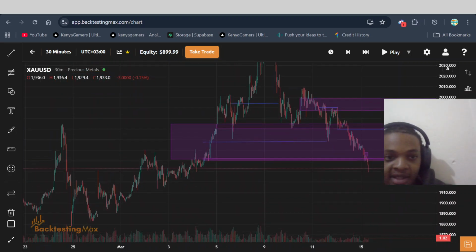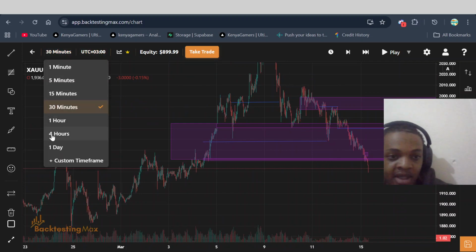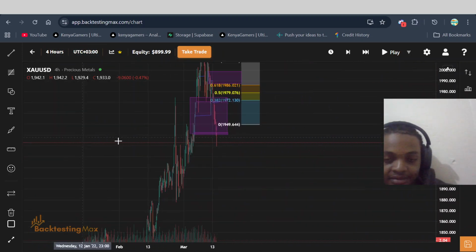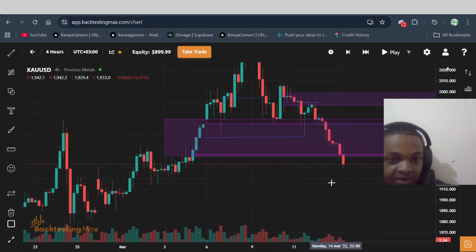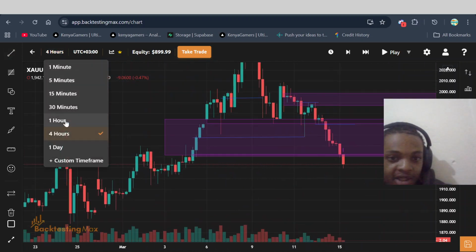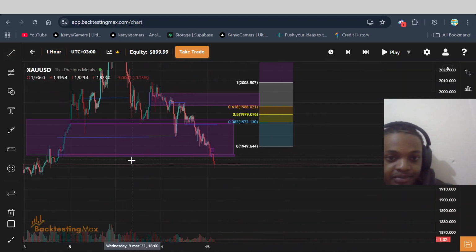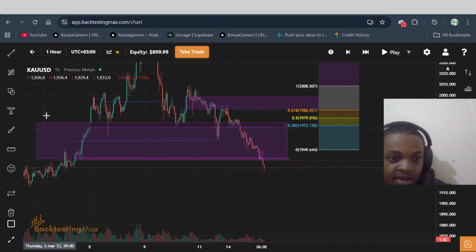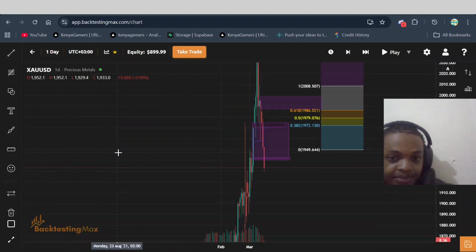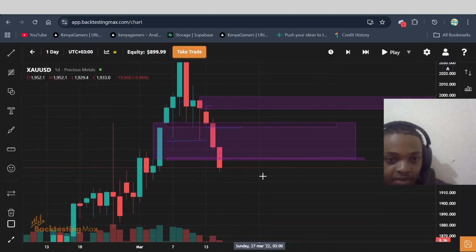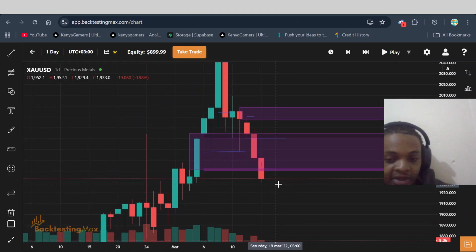Honestly speaking, I didn't think it was going to break below the, was it the 4 hour time frame? I mean, the 4 hour fair value gap. Actually, it was the 1 hour fair value gap. I mean, one day. Yeah, so it just literally closed below the 1 day fair value gap.